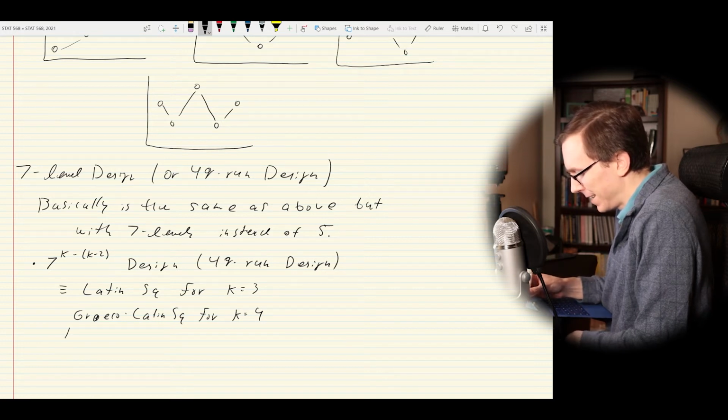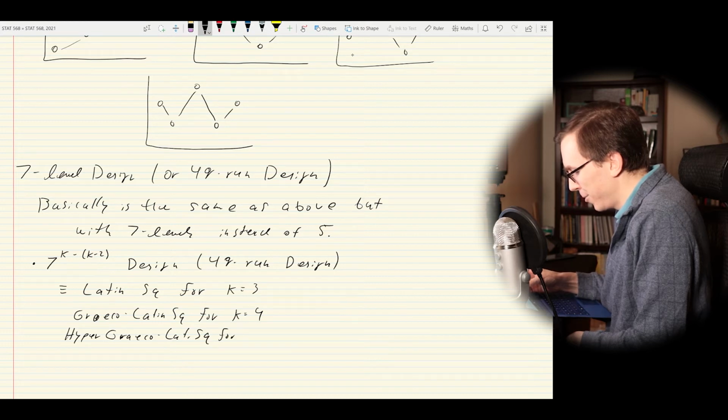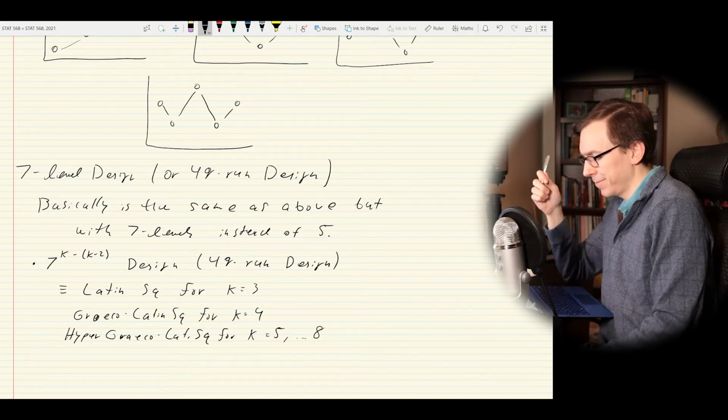And I guess we can do a hyper Greco-Latin square for k equal to 5, 6, 7, and 8.